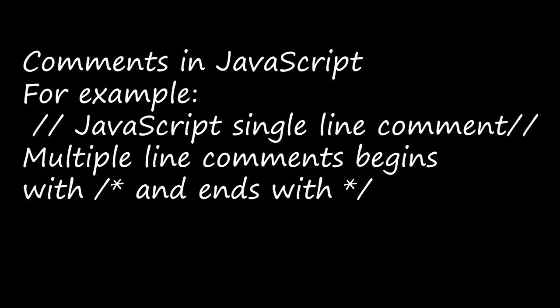Okay, when you are writing code, if you want to mention what a line is used for, so that when you see that program after one or two or three or five years, you can identify for what purpose you have used this line, you will have to write a comment about that line or about that particular program, so that it will be easy for you.